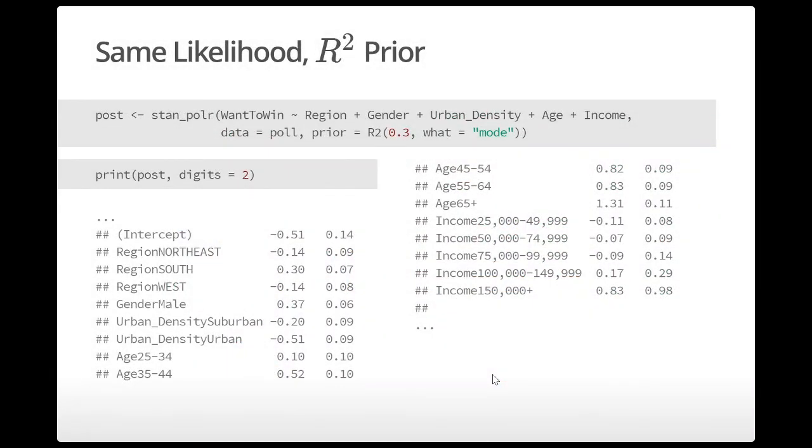Another option that I favor is these R-squared priors. To do that, you have to call the stan_polr function, which is more intended for categorical ordered outcome variables. But if you just have two outcome categories, then you can consider them to be ordered in whatever order you want, since there's just two of them.